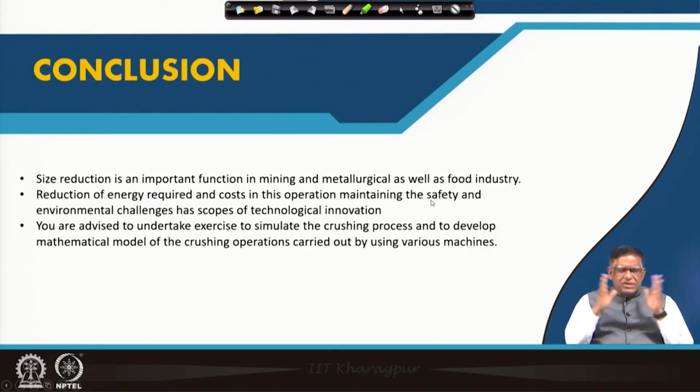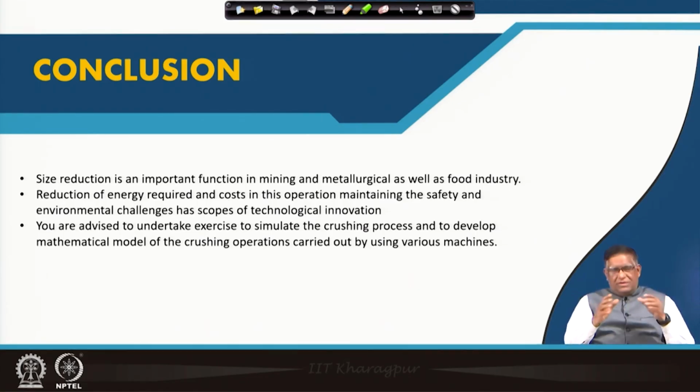So, size reduction is an important function in mining and metallurgy as well as in the food industry. Energy is required for reduction, and there are the cost of this operation, maintaining safety, and environmental challenges. The scope for technological innovations is plenty.